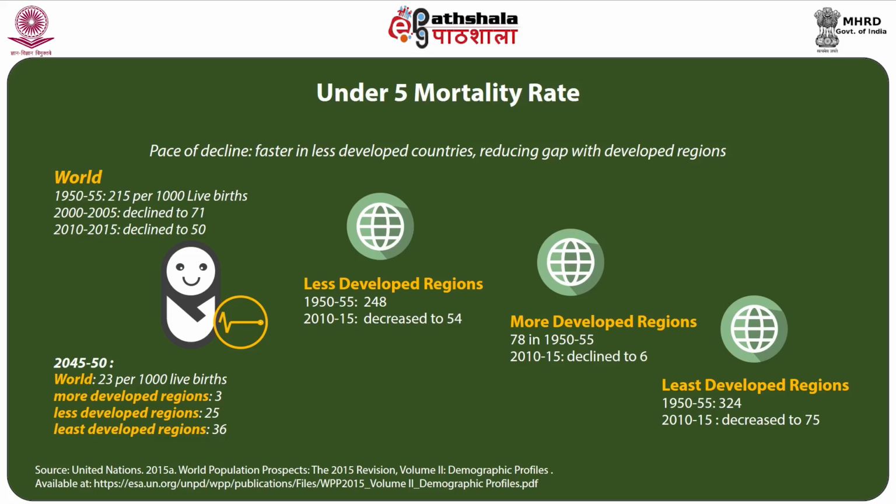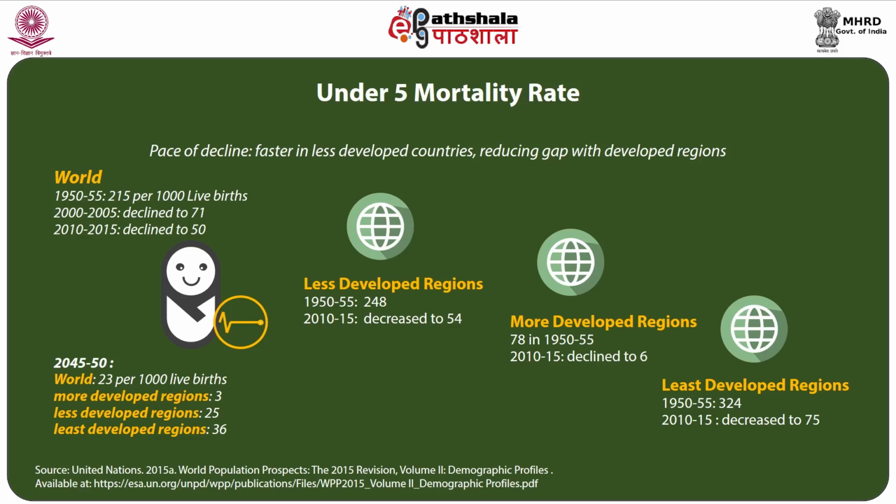Whereas in the case of less developed regions, the decline is much faster: it was 248 in 1950 to 55, came down to 54 in 2010 to 15, and projections indicate a further decline.